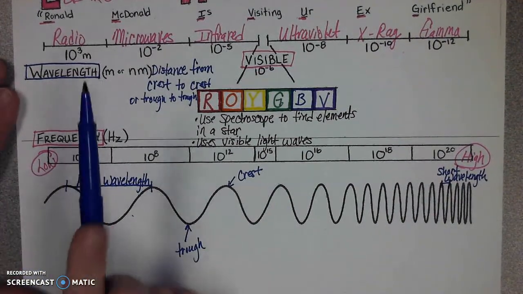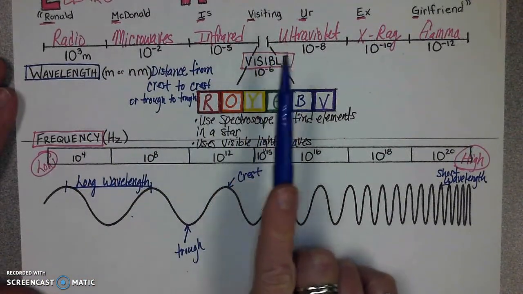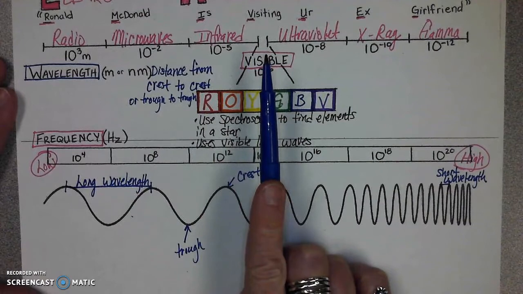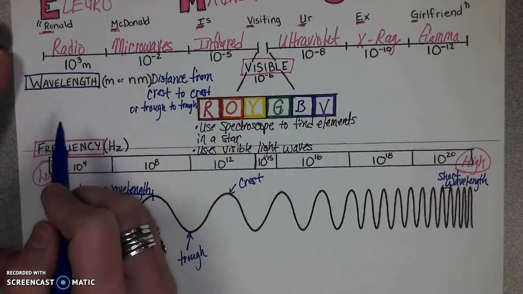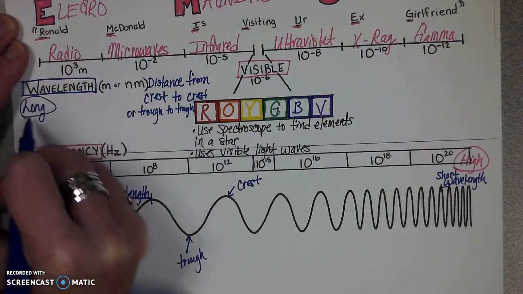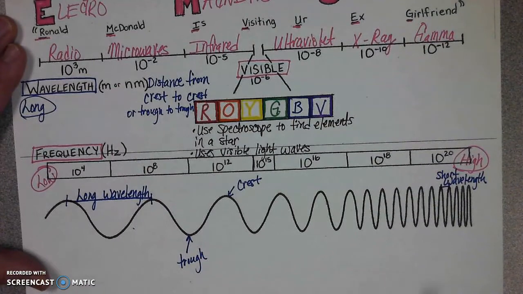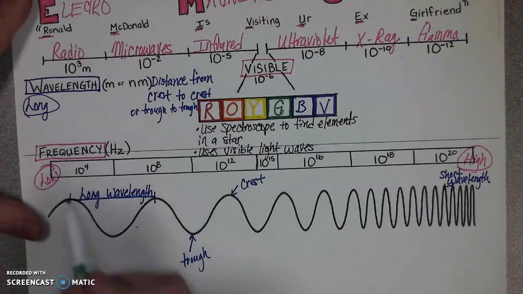So if you're looking at radio waves and microwaves and even your infrared waves, getting into that visible wavelength where it's about in the middle, on this side we are talking about the wavelengths being long. Okay? Now, with long wavelengths, we have low energy.